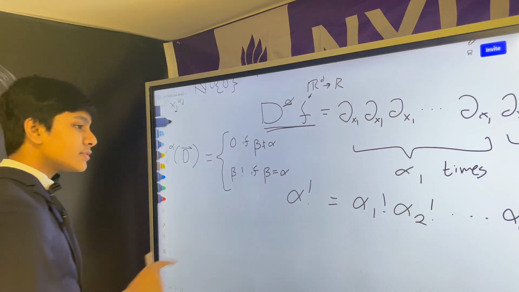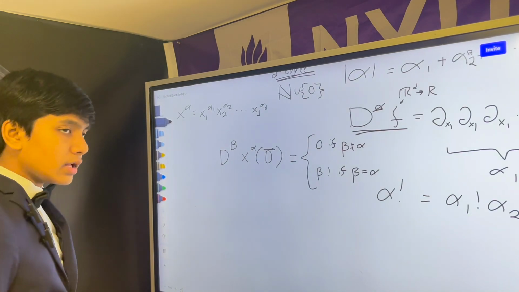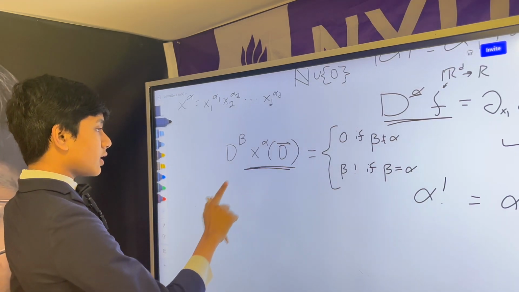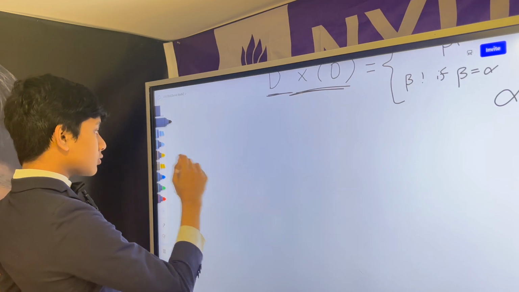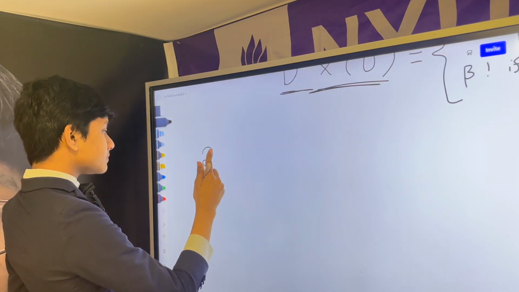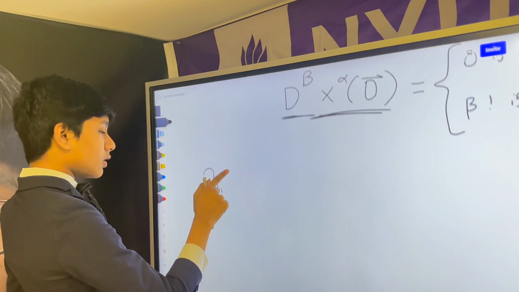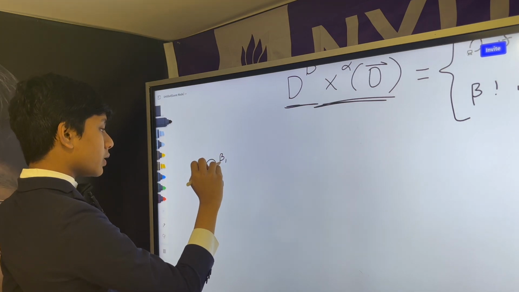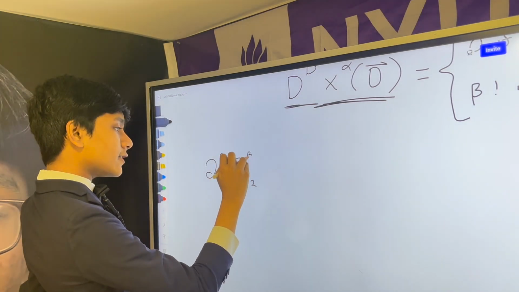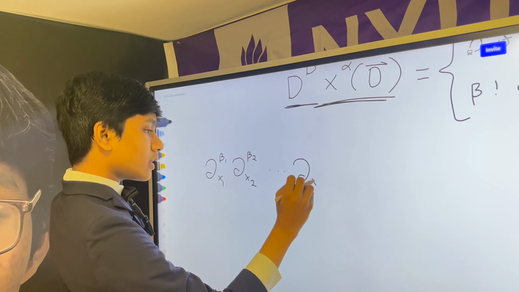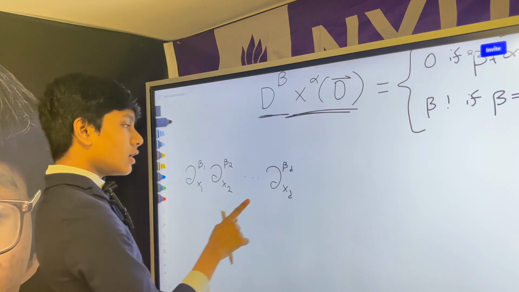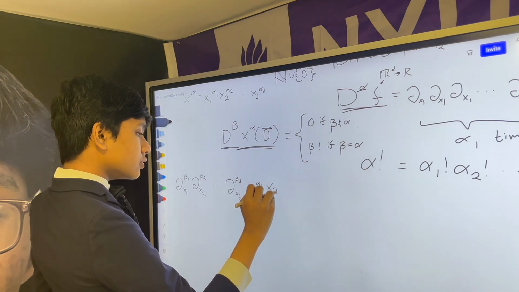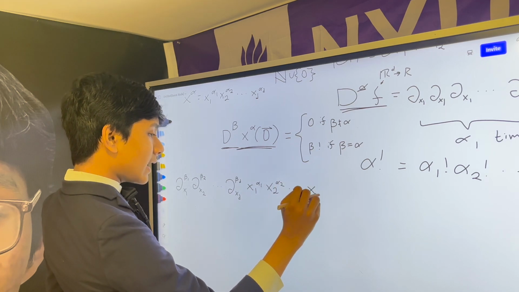So how's that achieved? Well, here's what happens. Let's think about what this is going to look like. This is going to give us partial x1 beta 1 times, partial x2 beta 2 times, partial xd beta d times of x1^alpha 1, x2^alpha 2, xd^alpha d.